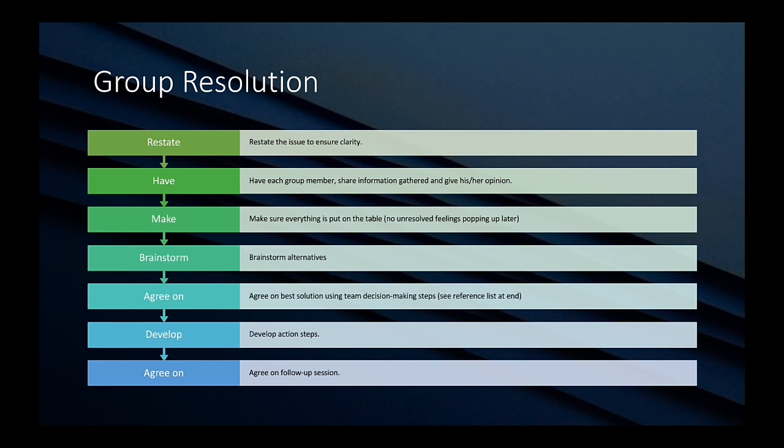At first you restate the issue, then you have each group member share their information, then make sure everything is there and no unresolved feeling is unknown to you. Then brainstorm with everyone and check for alternatives, then agree on the best solution using different decision-making steps, develop an action plan based on that, and then agree with everyone on the follow-up session.